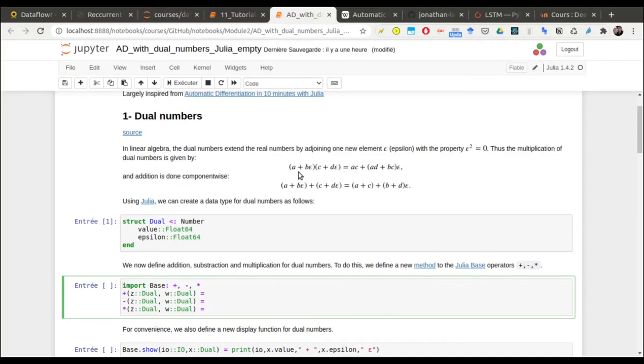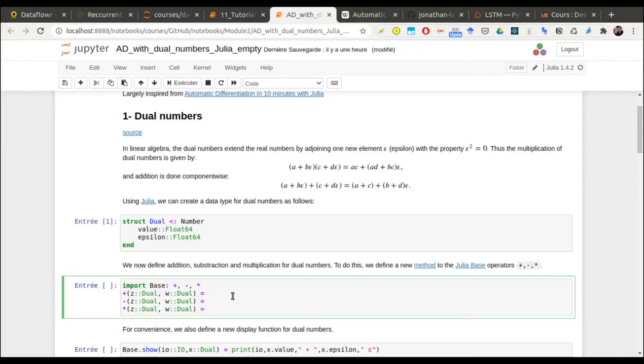So now I need to define a new addition. I will also define a new subtraction and the multiplication. So the way to do that in Julia is very simple. I'm just importing the regular plus, minus, and multiplication, and I will overload this operator, meaning that now when I'm applying a plus operator between two duals, which is written here, I can specify what I want to do.